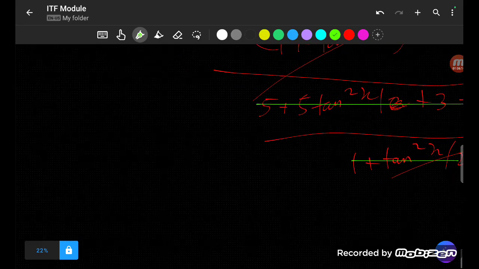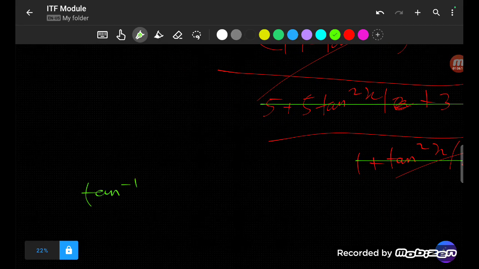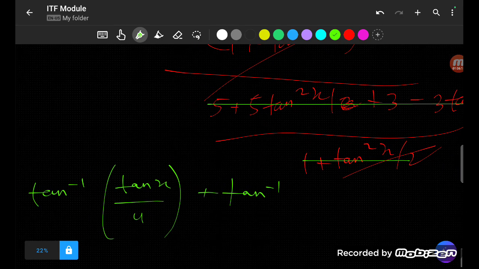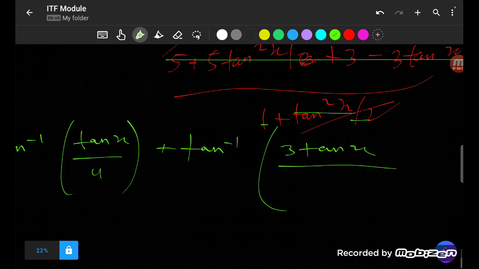So what we are getting here is tan inverse tan x by 4 plus tan inverse 3 tan x upon 4 plus tan square x.